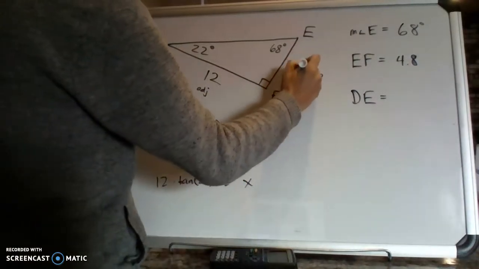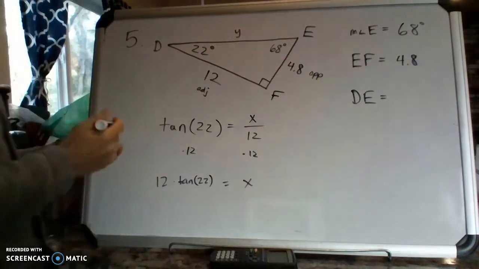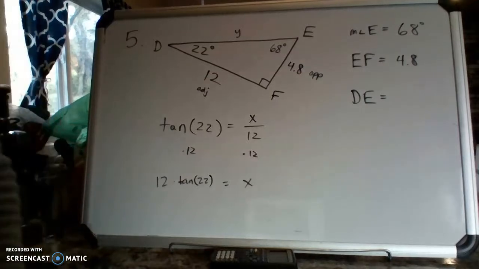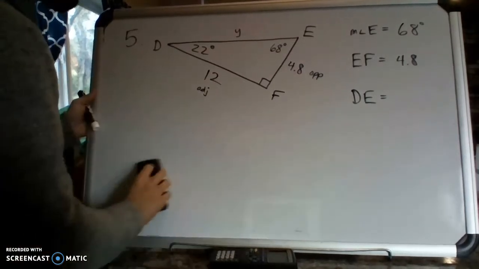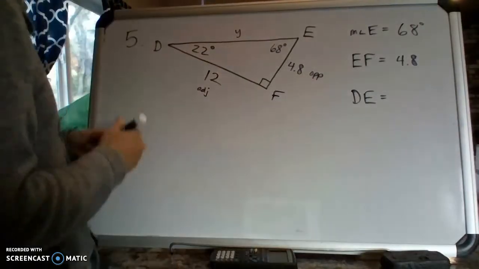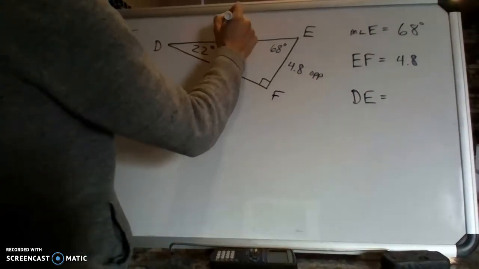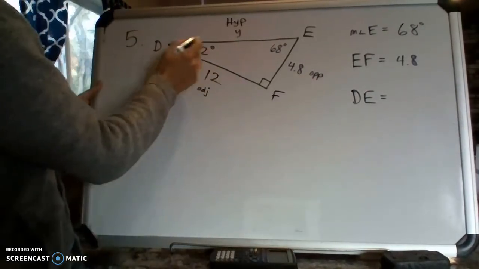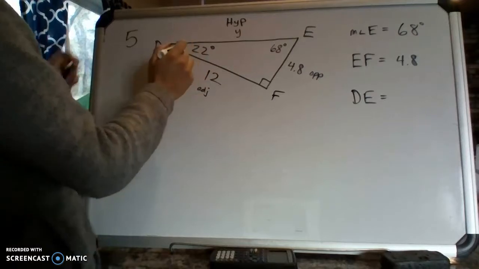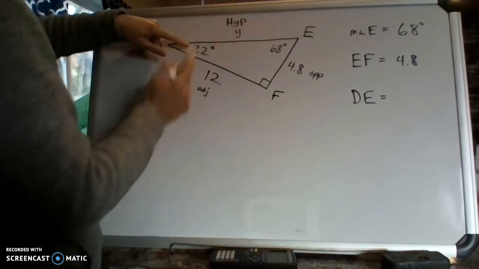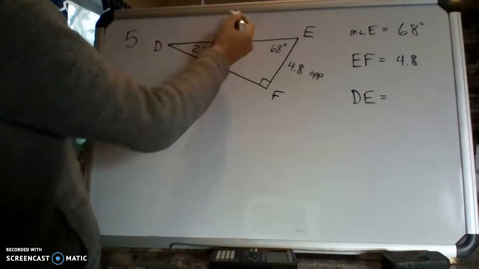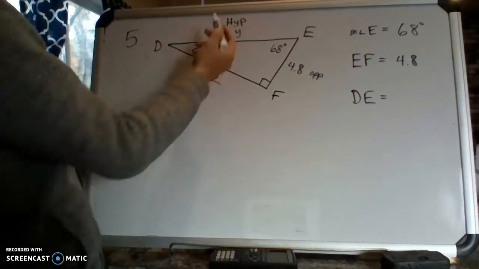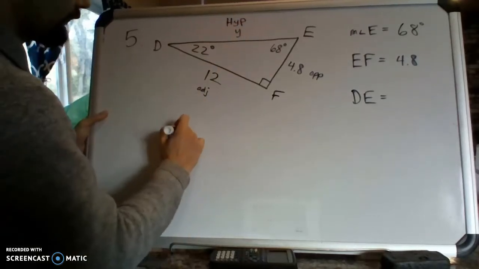All right, let's move on then to the length of DE. Now, when you look at DE, that's the hypotenuse side. Well, it's the hypotenuse side no matter what angle you're looking at. So again, I'm going to focus on the 22-degree angle, the hypotenuse side, and I'm going to use the 12, the adjacent side. The trig ratio that deals with the adjacent and the hypotenuse is cosine.